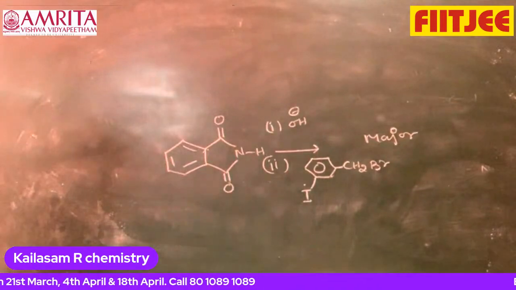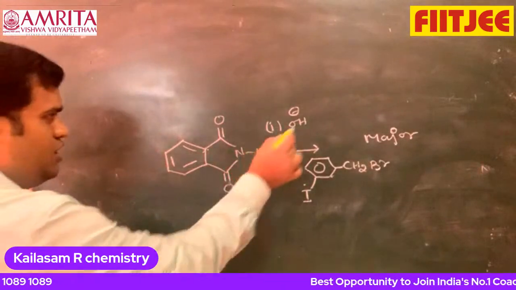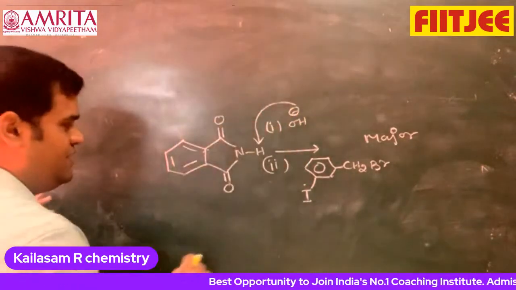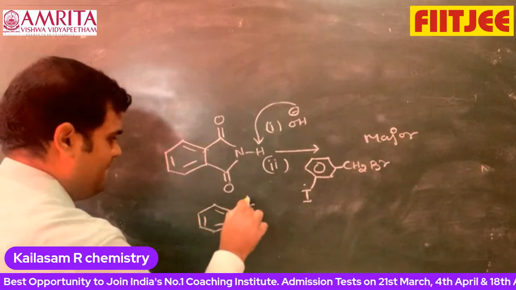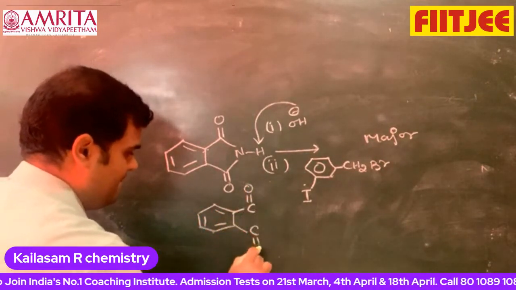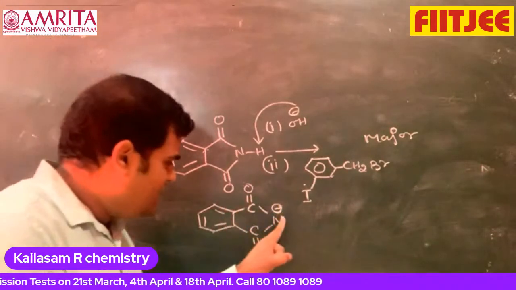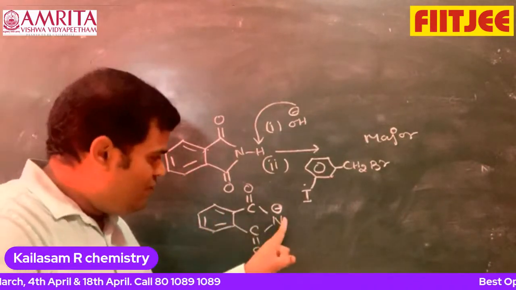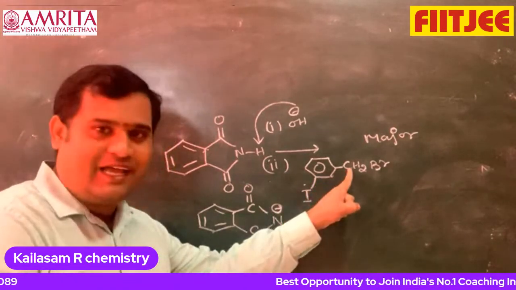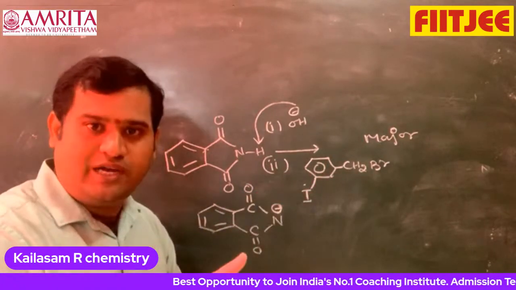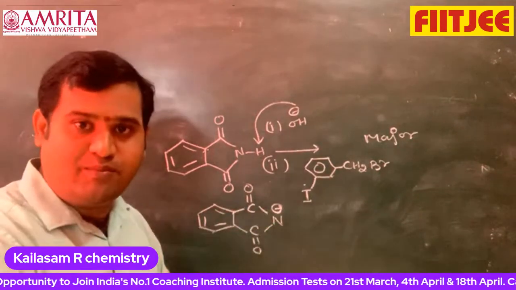Find the major product. So what is the role of base? The base always abstracts the acidic proton. So now this base is going to, yes, now minus. Now this acts as a nucleophile. So obviously the nucleophile is going to substitute. This is aryl, this is alkyl. We know that an aryl compound never undergoes nucleophilic substitution unless there is a minus group at the ortho and para positions.